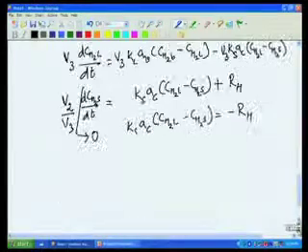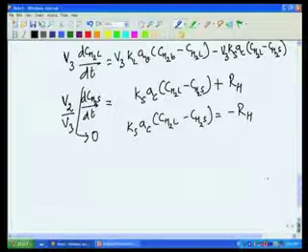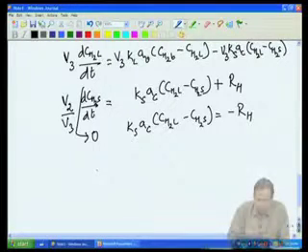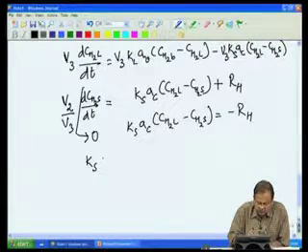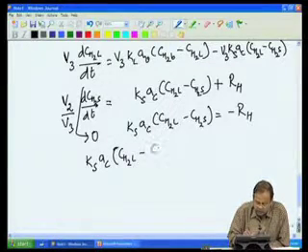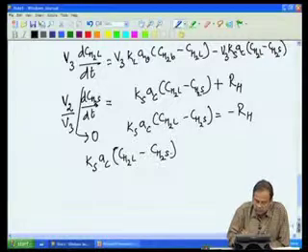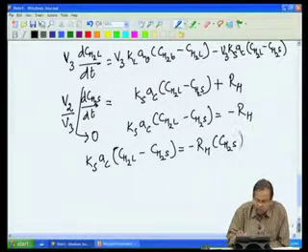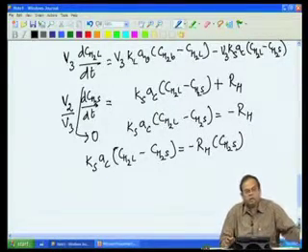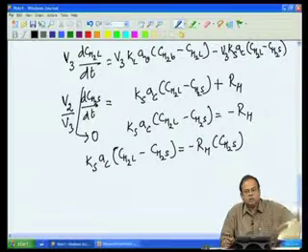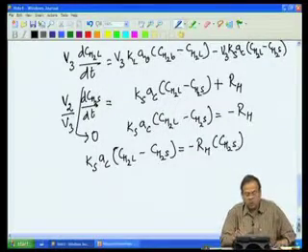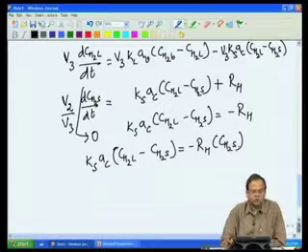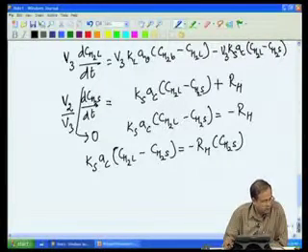Now, going back to our set of mass balance equations, what we have first is Ks AC into (CH2L minus CH2S) equal to RH, which I know, but it has CH2S in it, that is, the hydrogen concentration at the surface.